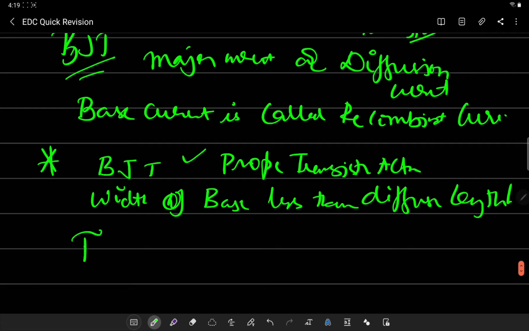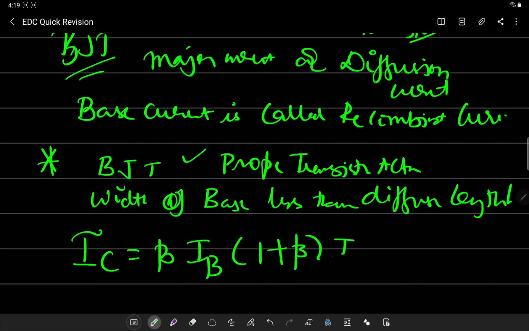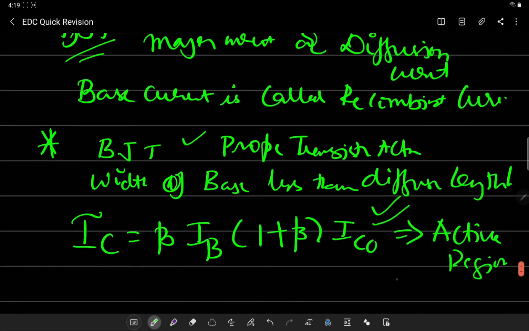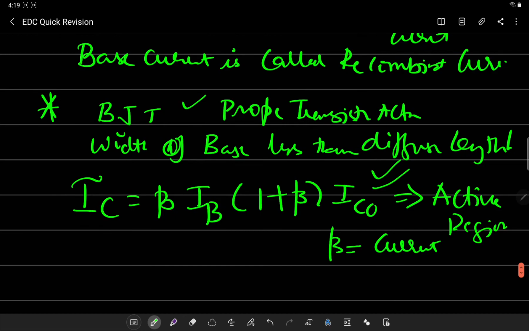I can simply write the current equation as IC = beta IB + (1 + beta) ICO, and this equation is applicable in the active region of a transistor, where beta is the current gain in common emitter configuration.